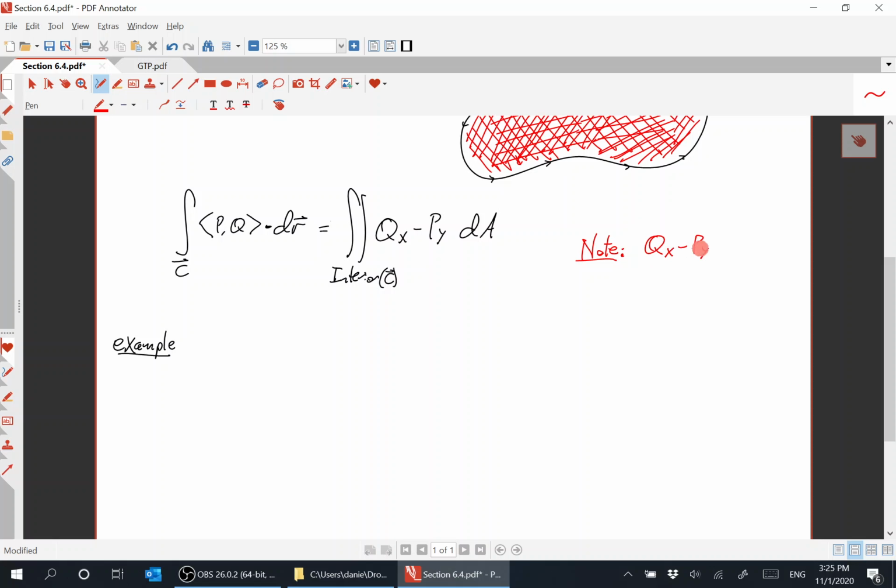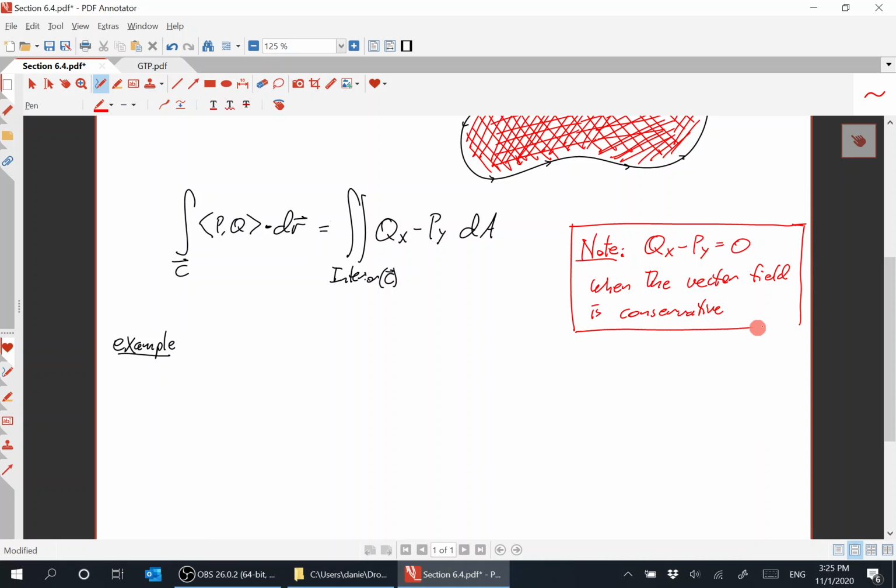Qx minus Py equals 0 when the vector field is conservative. So Green's theorem is exactly for vector fields that are not conservative in 2 dimensions.